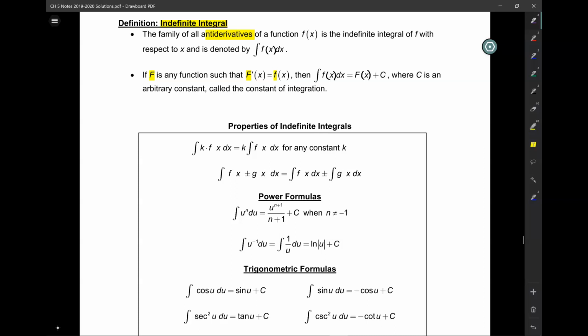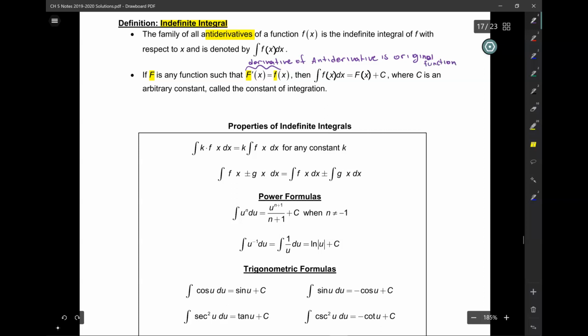Basically, if little f of x is the original function, then here's what it's saying: the derivative of the antiderivative is the original function. I'm just confused with that antiderivative.